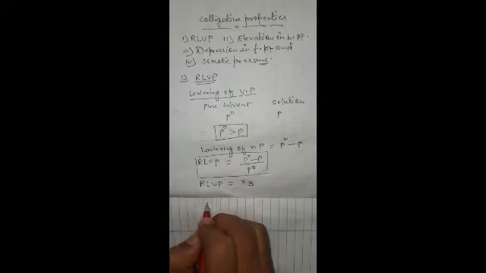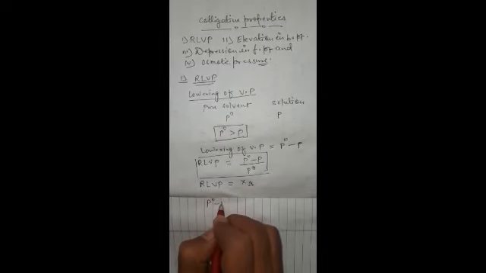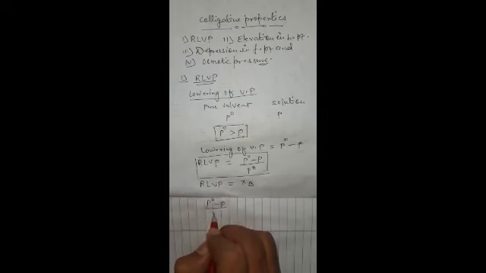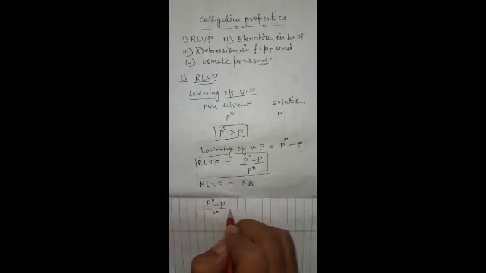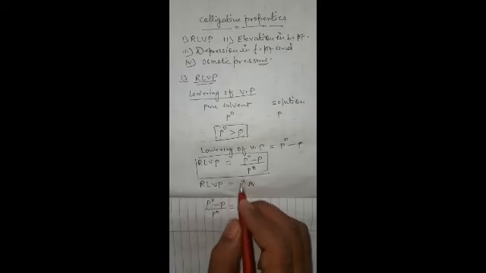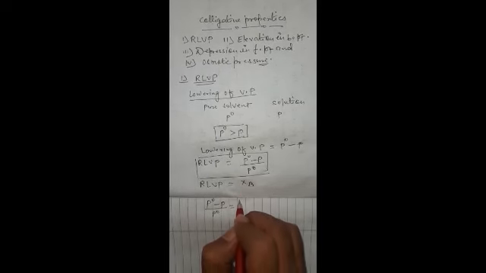Now, P naught minus P divided by P naught is equals to mole fraction of solute, number of moles of solute by number of moles of solute plus number of moles of solvent.